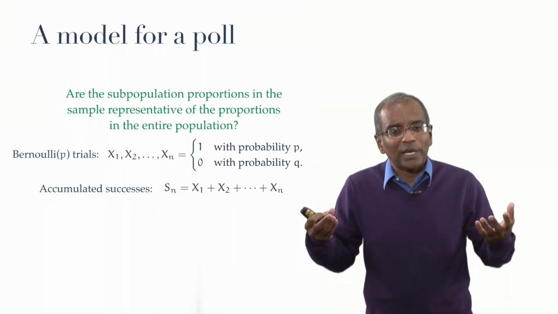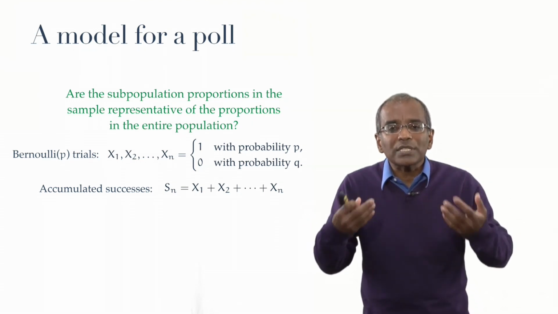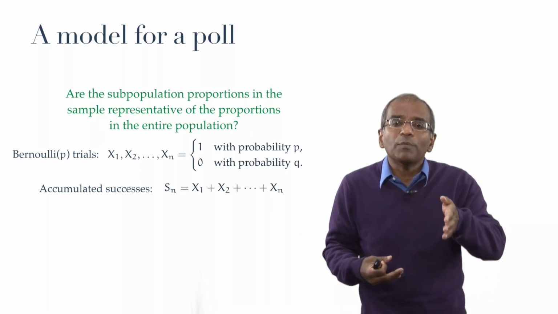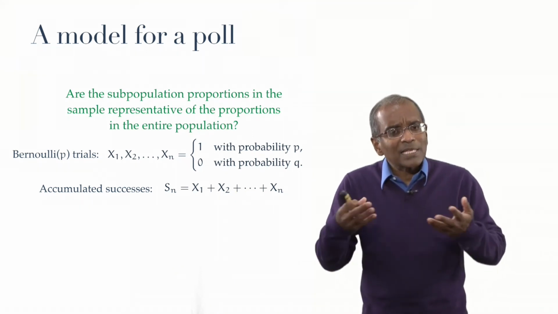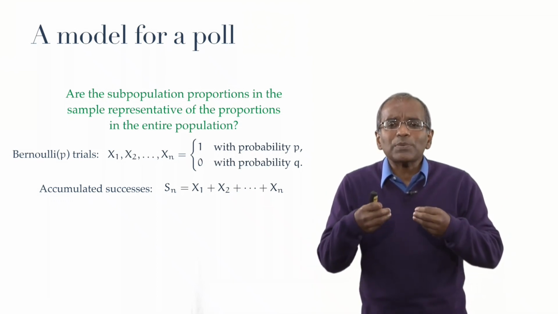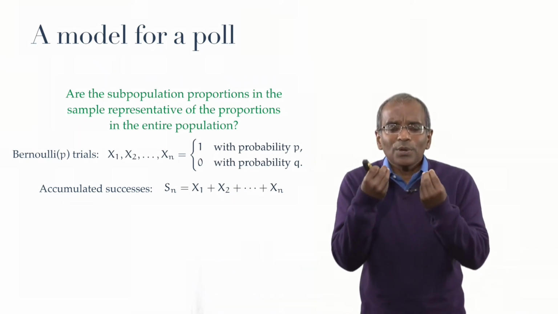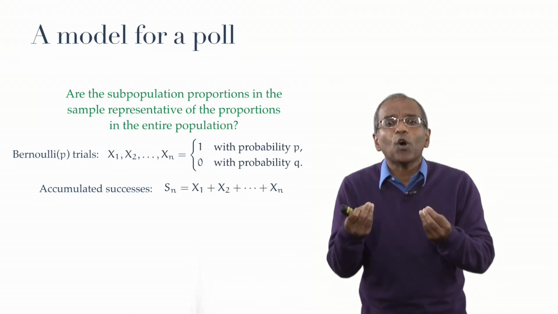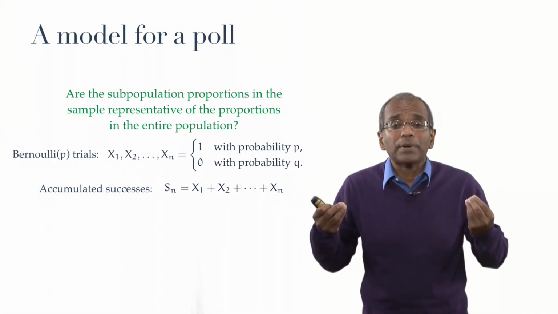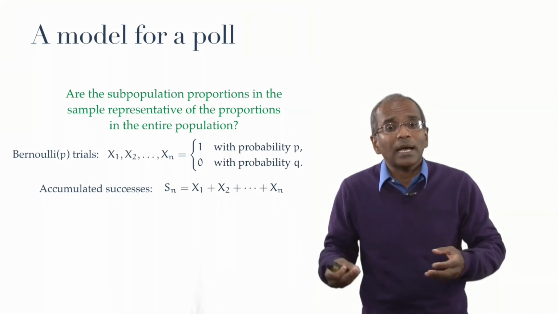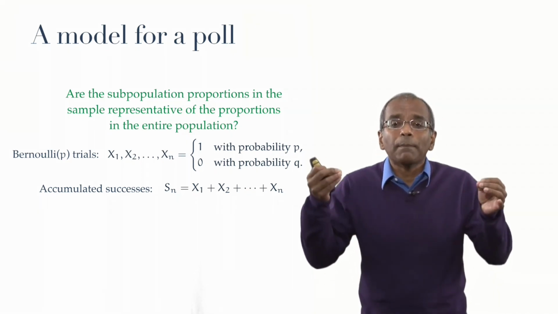We call this naturally the accumulated number of successes in a sequence of Bernoulli trials. Let's give it a name, S for sum, and use a subscript n to remind ourselves that we're summing over n trials. So S sub n represents the accumulated successes in n tosses of a biased coin.